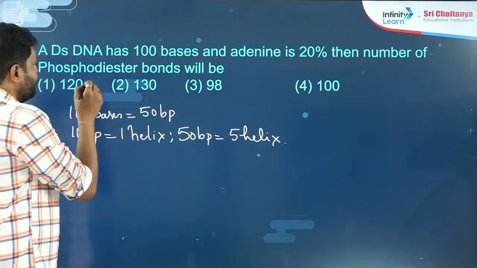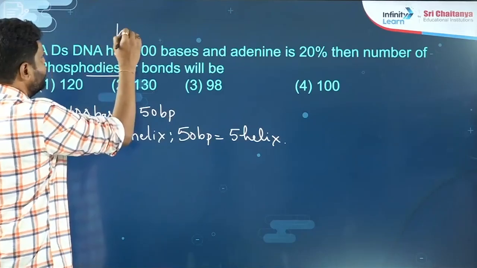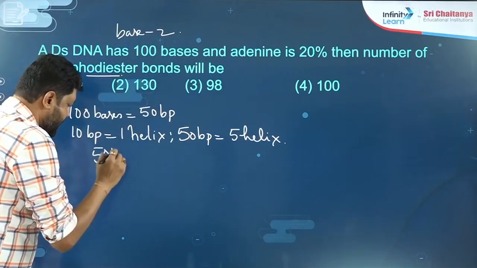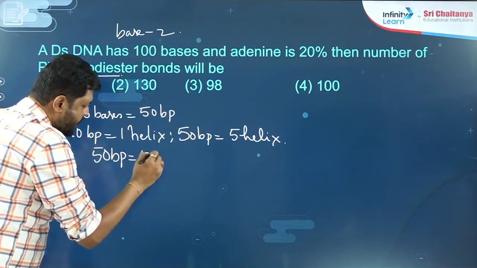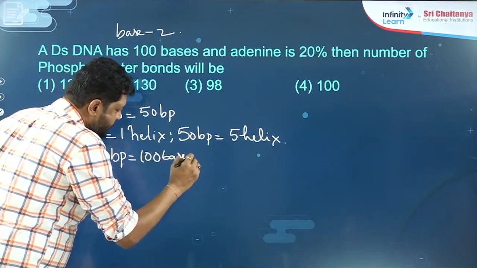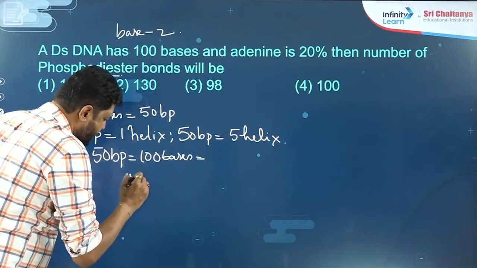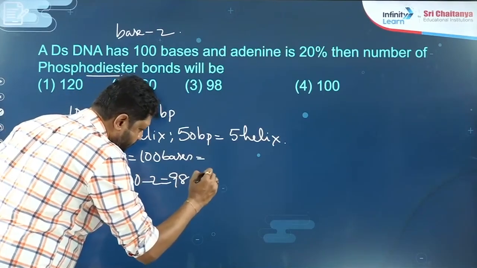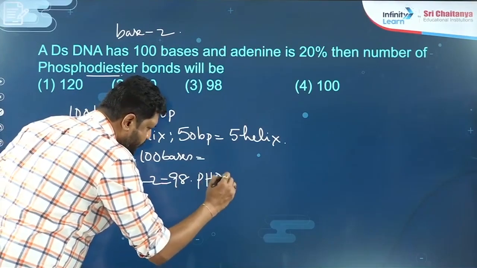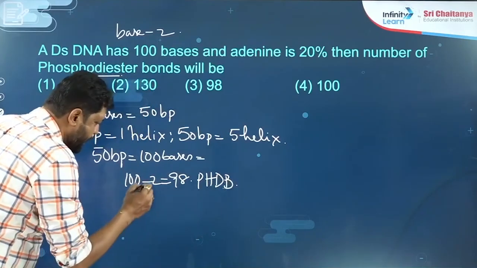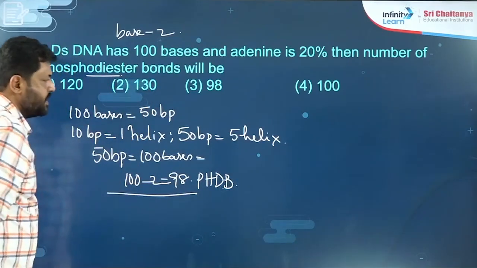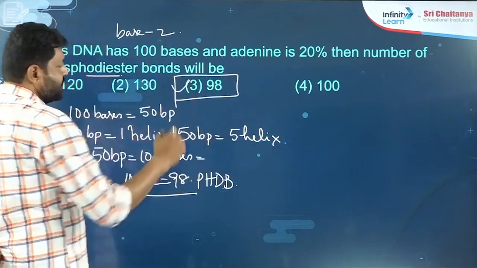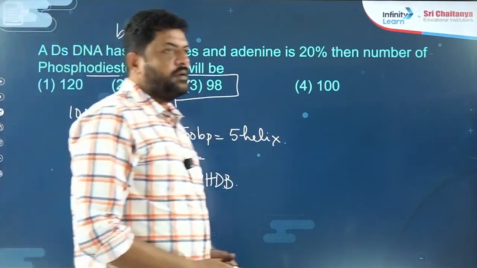Anyhow, phosphodiester bonds will come from bases minus 2. 100 bases, 100 minus 2 is equal to 98. Phosphodiester bonds are 98. Was it clear?